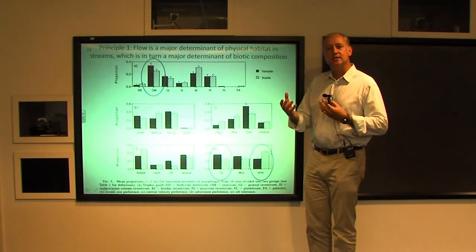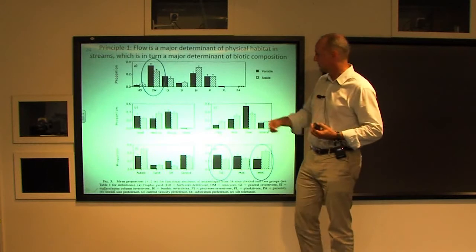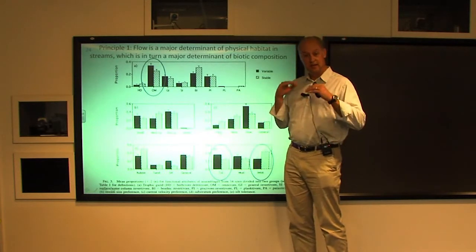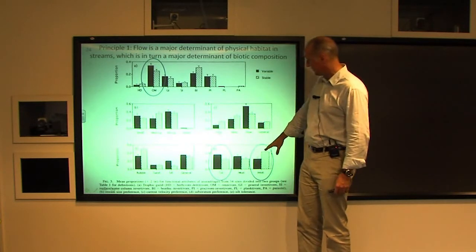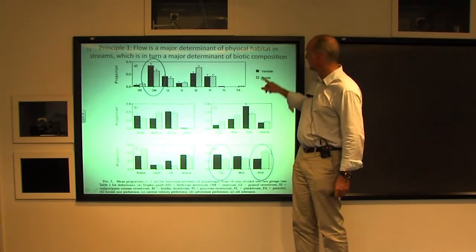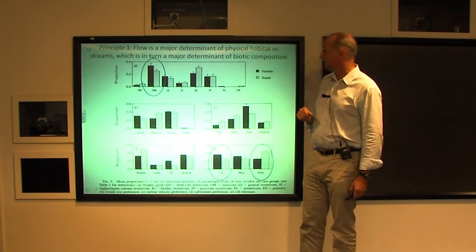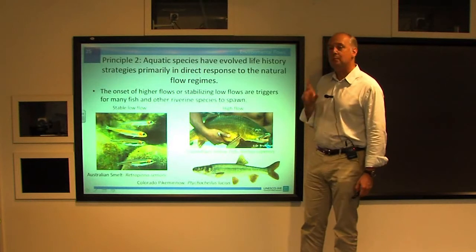So we can see relationships here between the functional attributes, the way that they feed, the tolerance that they have to levels of sediment in rivers. We can see that varying as a function of the flow regime in which those organisms live. That's Principle 1.